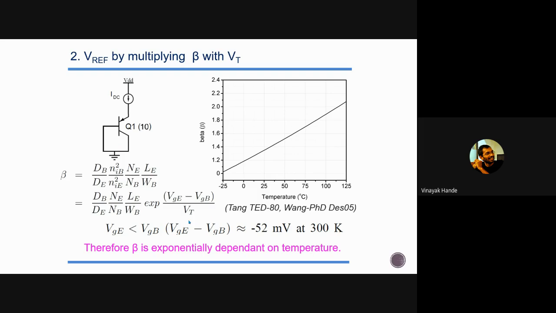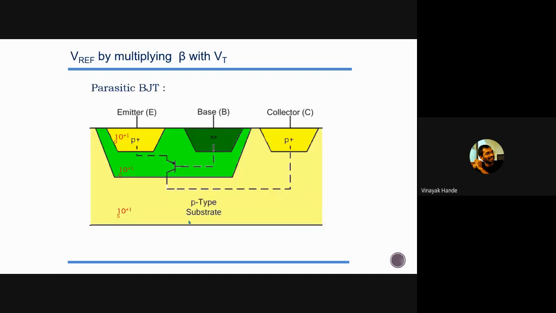Why is it happening in this parasitic BJT? It is happening because of the numbers associated with the concentration, right? You can see that 10 raised to 19, 10 raised to 16, these are quite huge numbers.